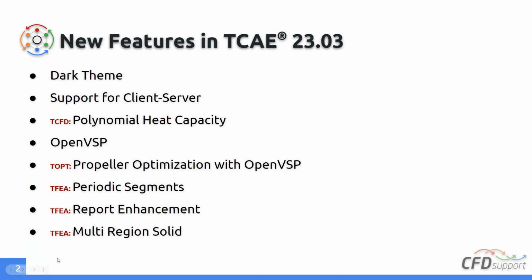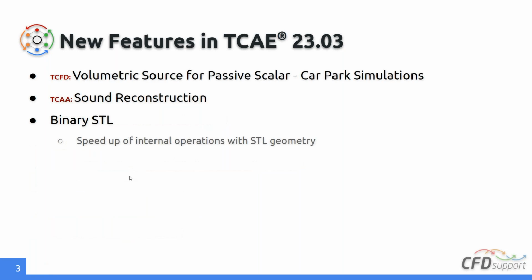There is a report enhancement, with some new automatic visualization in the report. There is a new multi-region solid, so you can simulate different materials together connected as one big region. Again, very similar to the components in the CFD, to keep the workflow easy and straightforward.